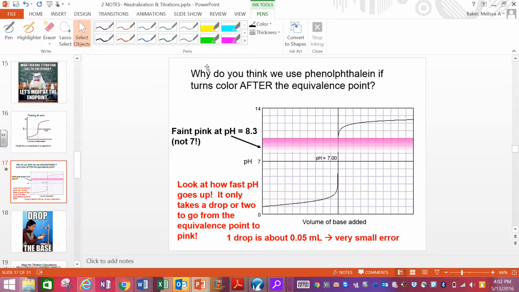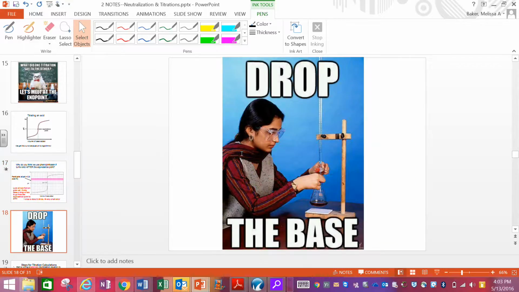And the phenolphthalein really changes at a pH of like 8.3, but that doesn't matter because this goes up so dramatically at that equivalence point. So one drop is a very small error. So when we actually do titrations in class, you'll see you go very slowly toward the end. Okay, there's another one. Dropping the base.